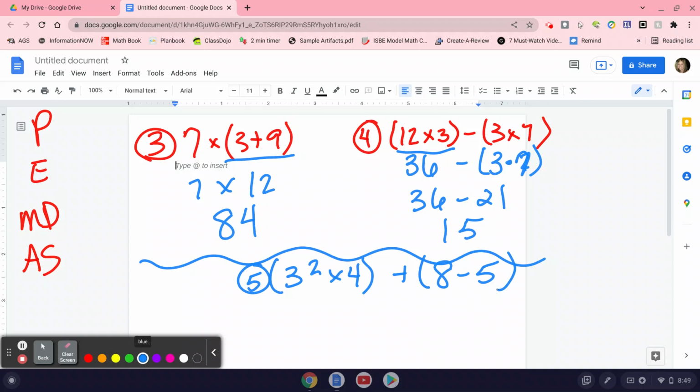There, I have it written up there. The quantity 3 squared times 4 plus the quantity 8 minus 5.